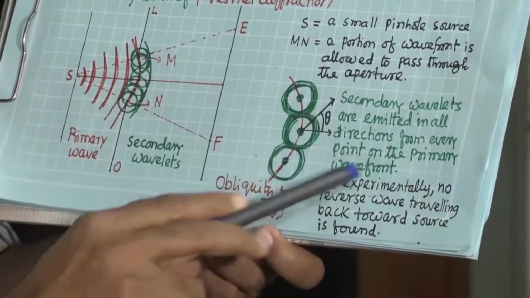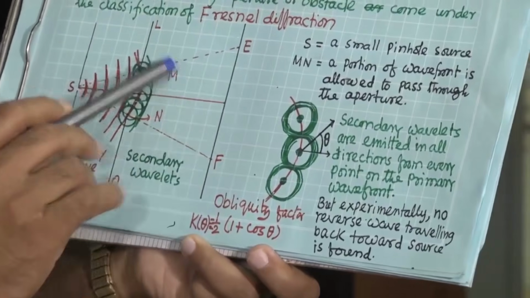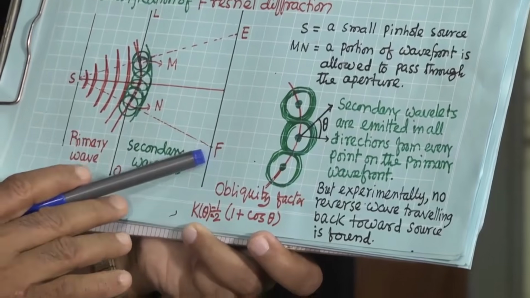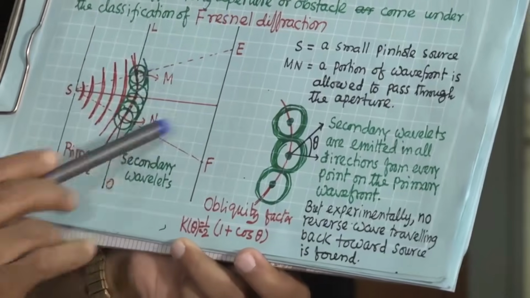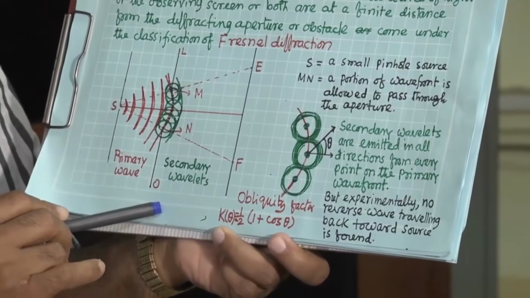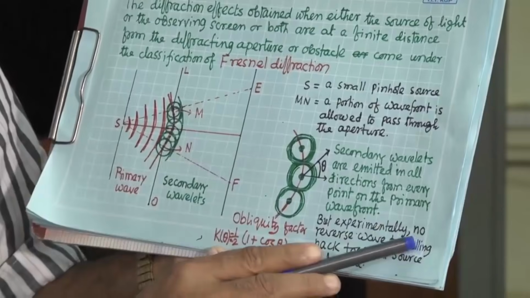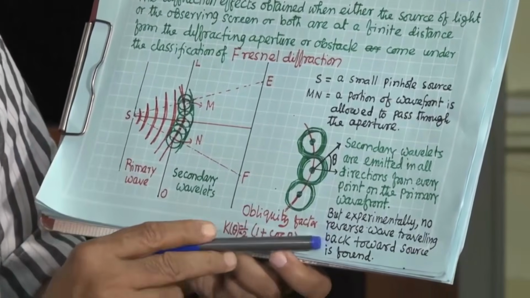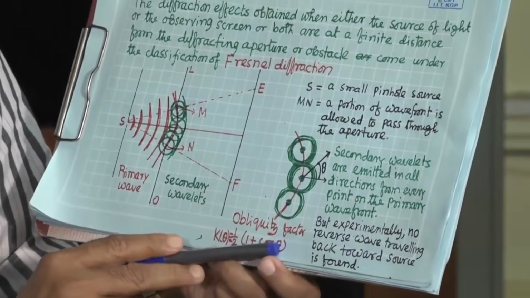They interfere, and on the screen you get the diffraction pattern. Waves can move in all directions, even backward, but experimentally no reverse wave traveling back towards the source is found.